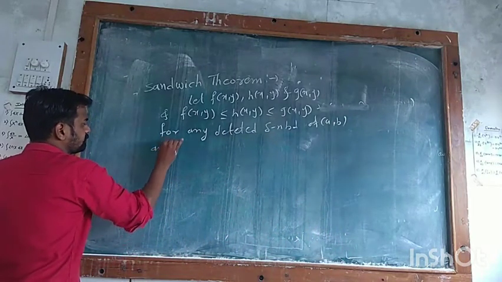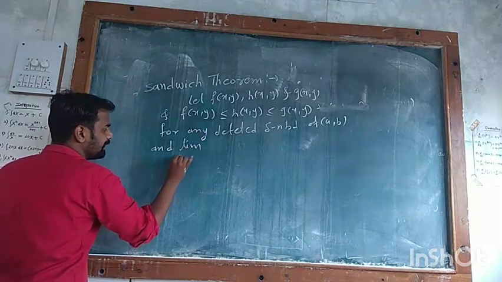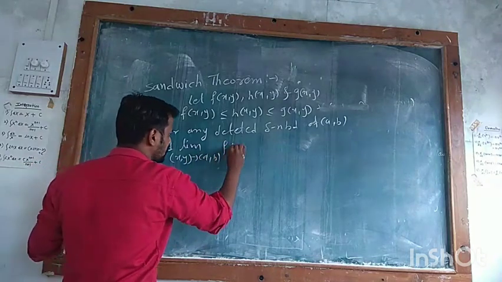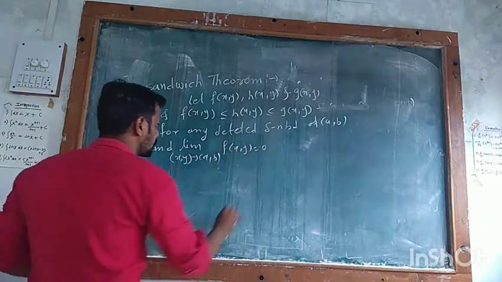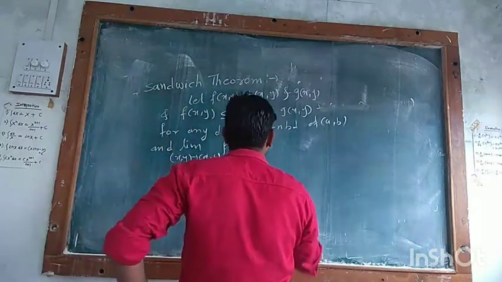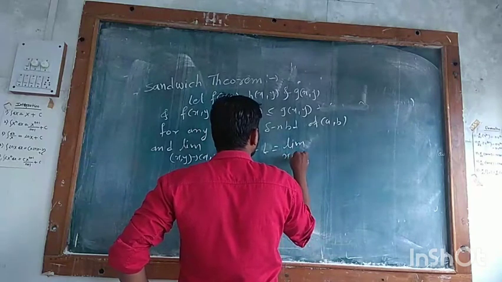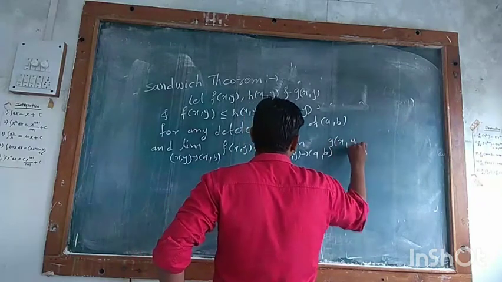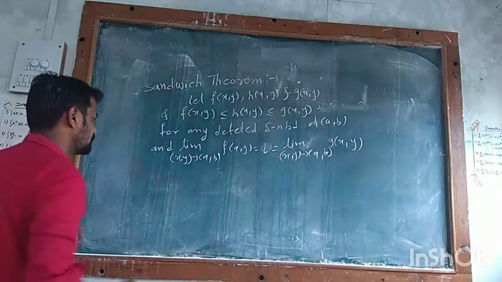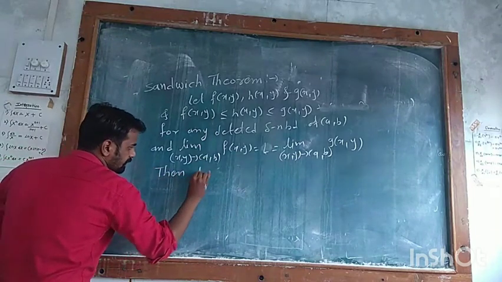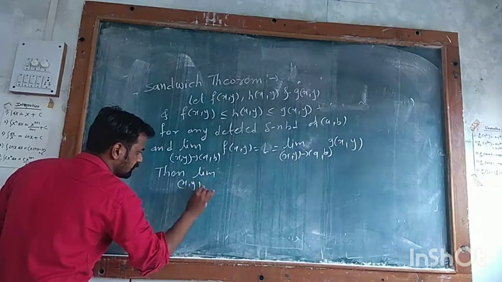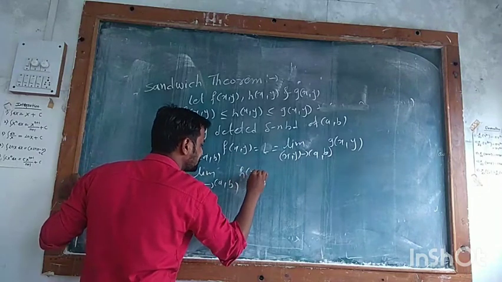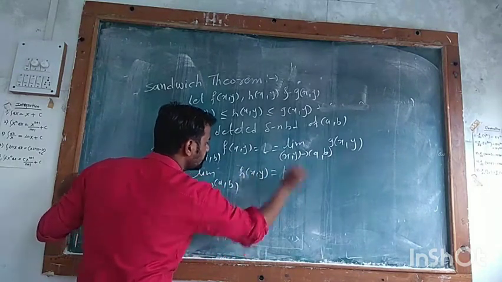And limit as xy tends to AB of f of xy is equal to L, and limit as xy tends to AB of g of xy is equal to L, then limit as xy tends to AB of h of xy is also L.